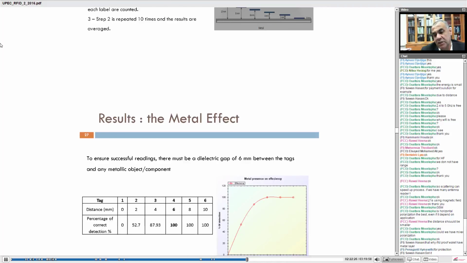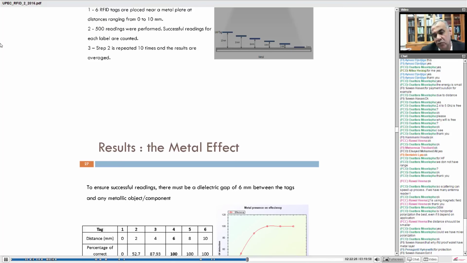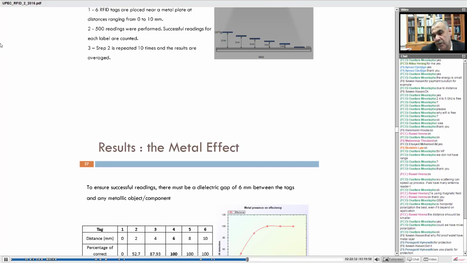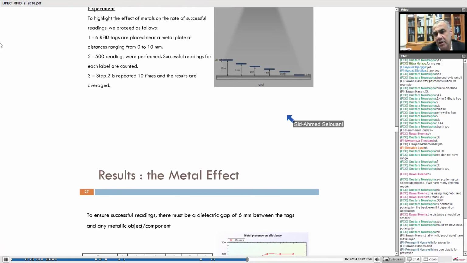But I'm sure that it's not UHF. Or if it is UHF, you use plastic for protection. Okay, very important. There is no doubt. The enemies of UHF are liquid and metal, so use plastic.